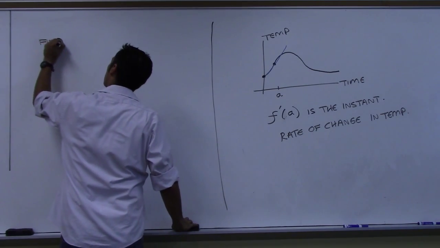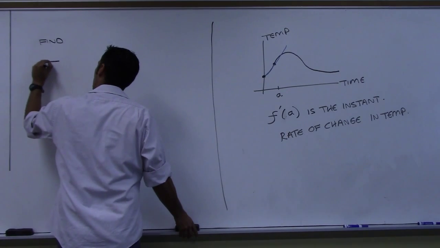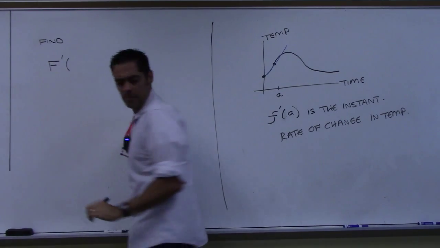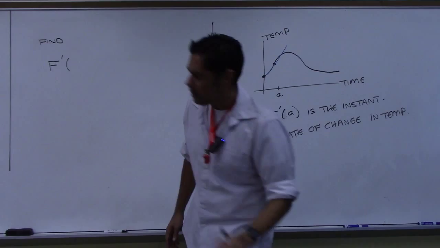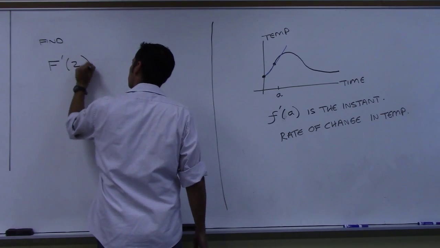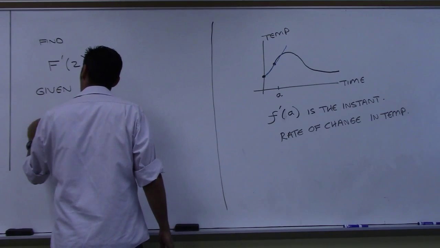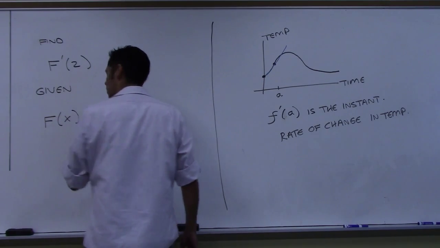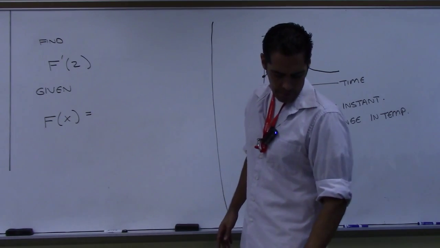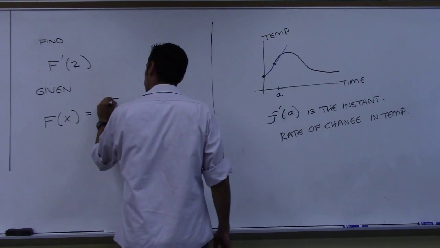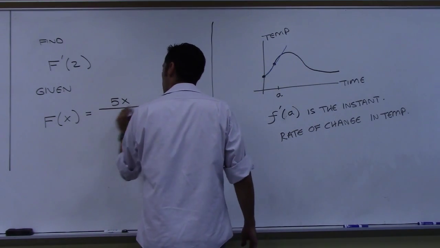Find capital F prime of 2 given capital F of x equals 5x over 1 plus x squared.